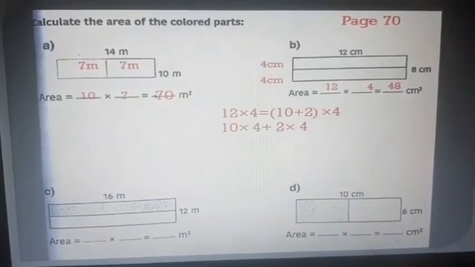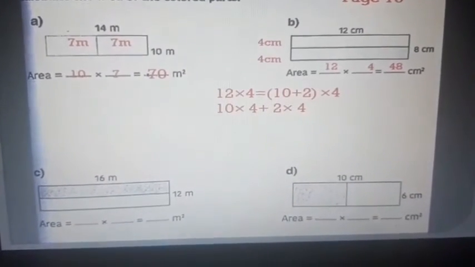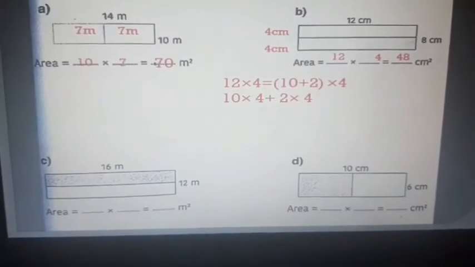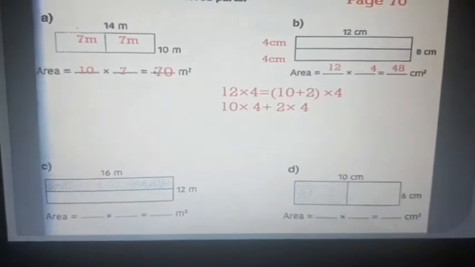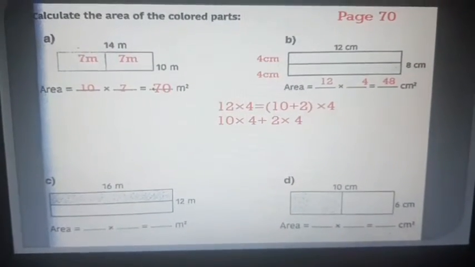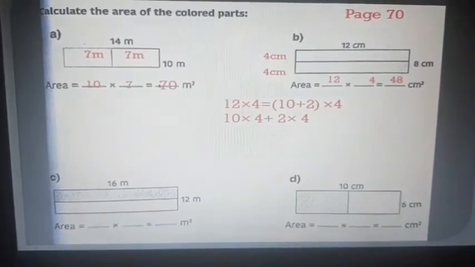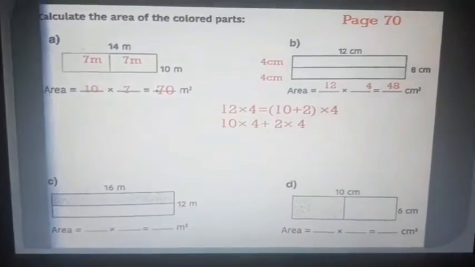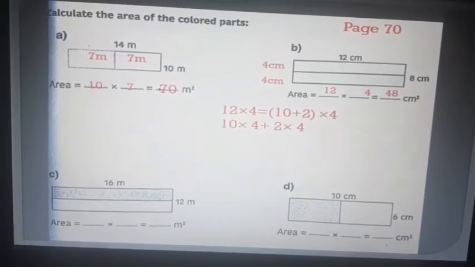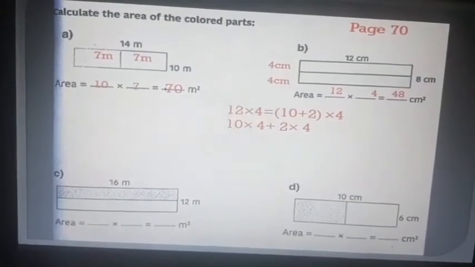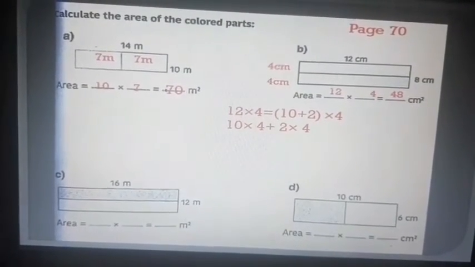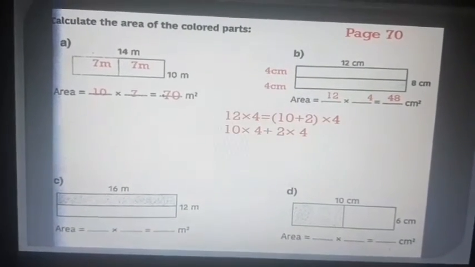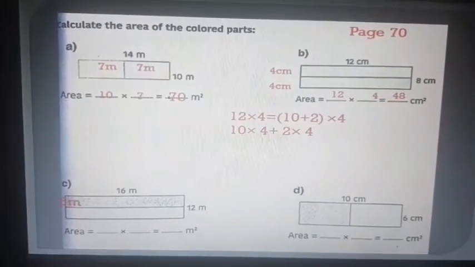Okay, letter C, I have here a rectangle. Here he divided what, junior 3? The length or width? Yes, he wants here to get the half of the width. So he divided 12 into 2 parts. 12 divided by 2 equals 6 meters.